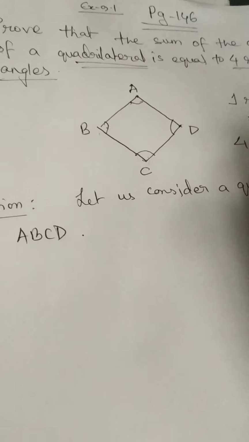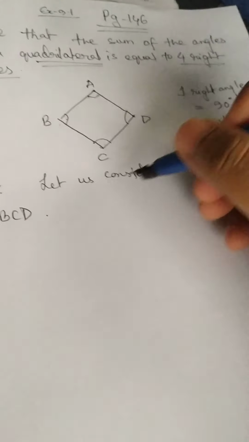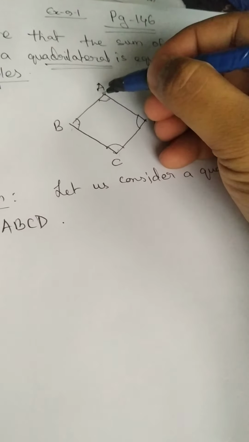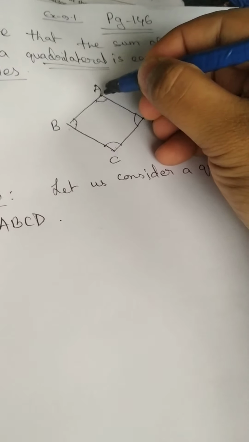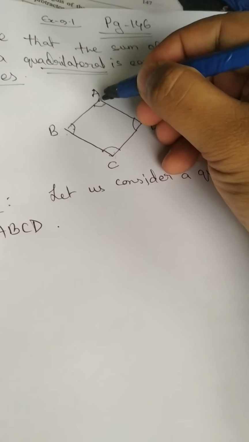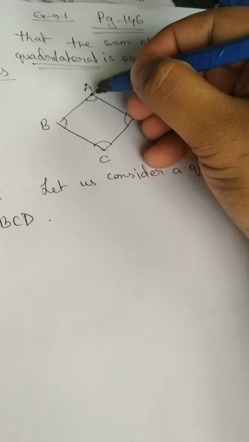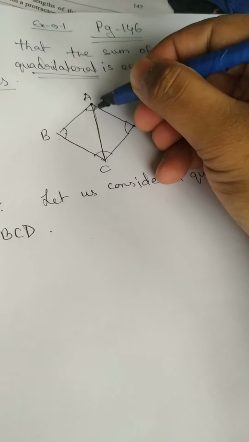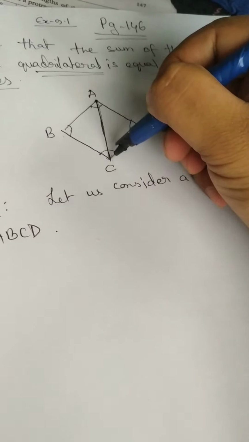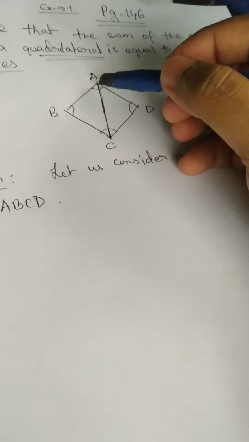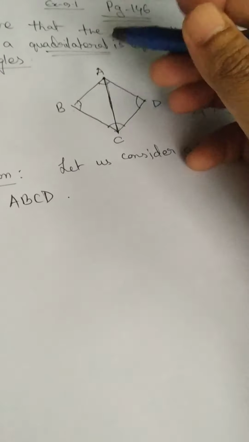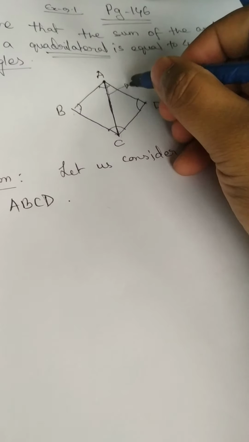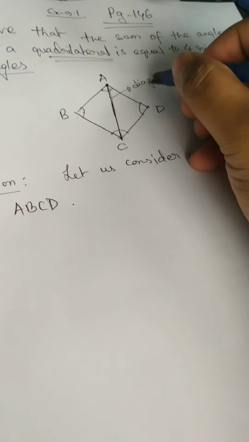Okay, so let us consider quadrilateral ABCD. Now let us draw a straight line from here to here. We know that if we join the opposite points of a quadrilateral, this is called a diagonal, right?